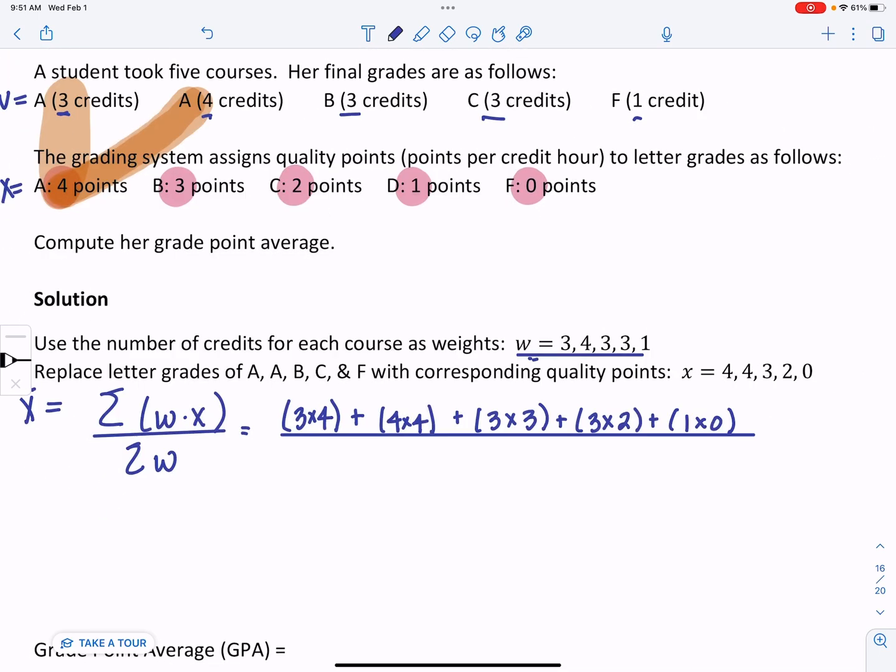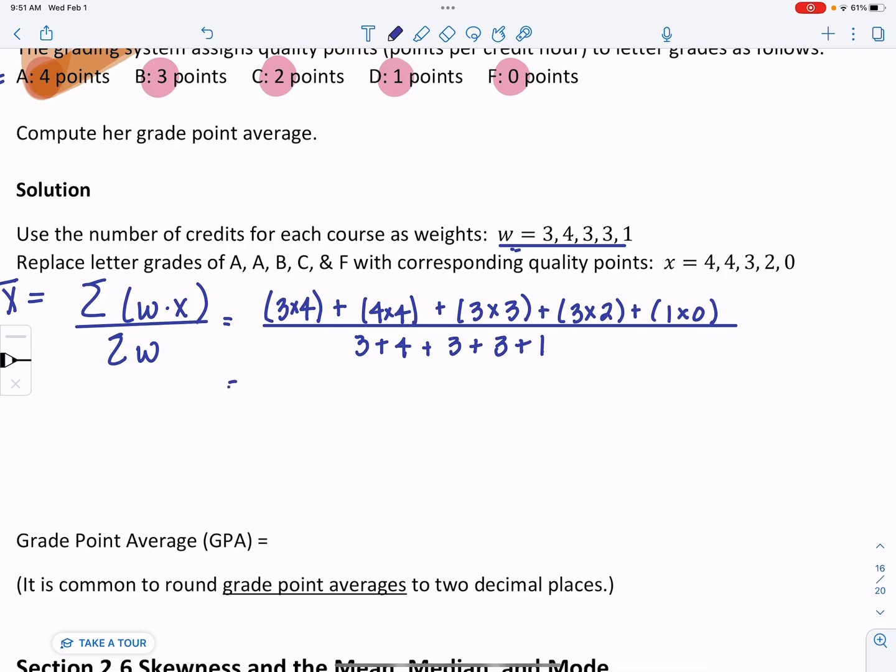Then I need to add up all my W's. My W values were 3 and 4 and 3 and 3 and 1. So this is 12 plus 16 plus 9 plus 6 plus 0. In the denominator, I have 7, 8, 9, 10, 11, 12, 13, 14.